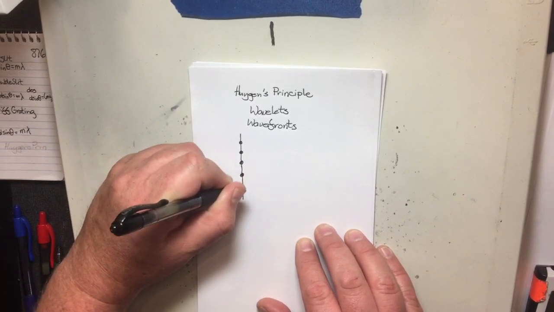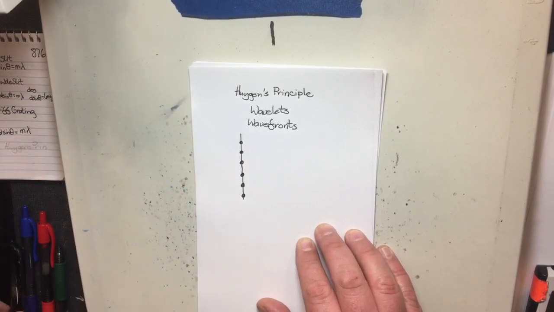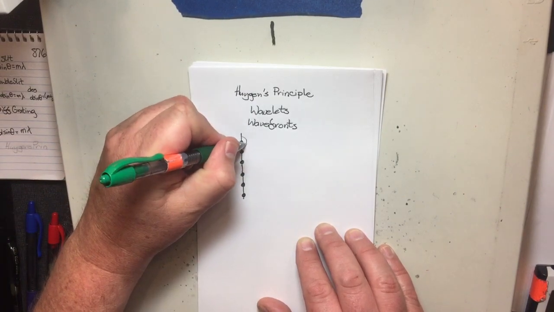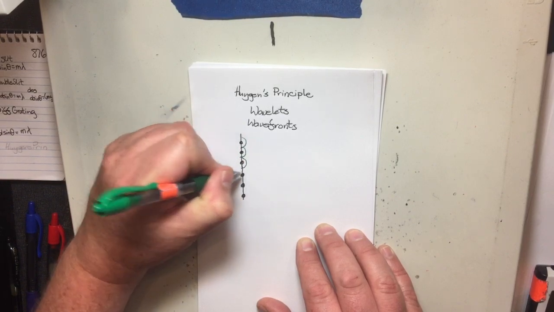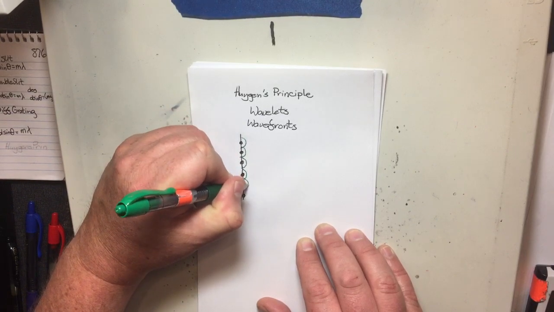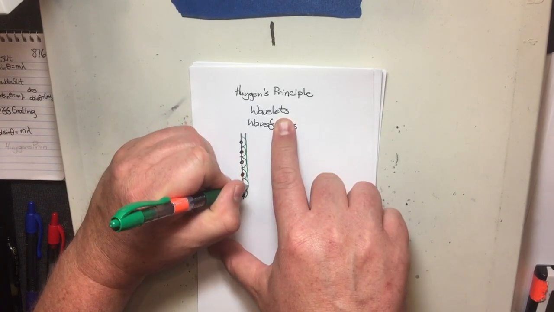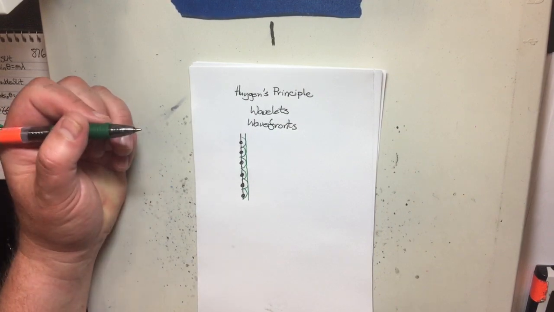So what you do is on the line, you draw a series of dots, and then you draw circles around those dots. And what that does is it lets you know where that next wavelet or wave is going.